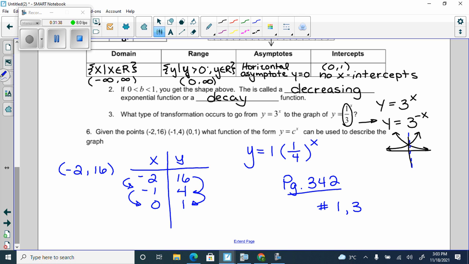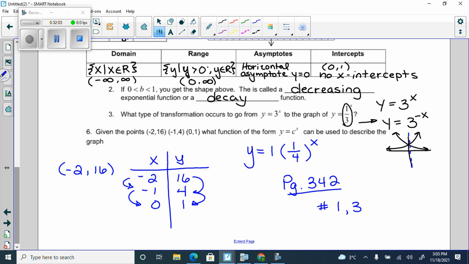Number 4 confuses people because it tells you to write an equation of these graphs. Did I just write an equation from a graph? Yeah. I just took the points off of it and ignored there was a graph there. Correct? Same thing here. It goes 0, 1, 1, 3, 2, 9. It gives you 3 points. Just like what I did, I gave you 3 points. It's the exact same thing. It's just on a graph. Don't let it overwhelm you.